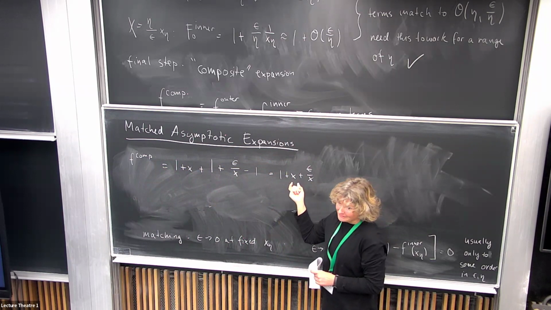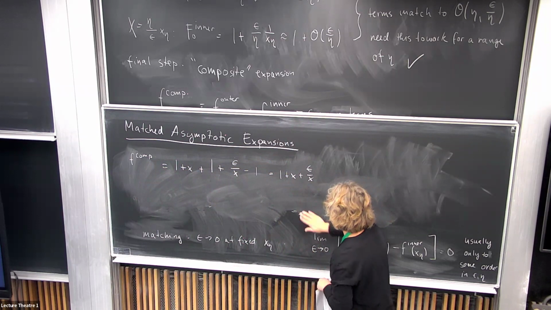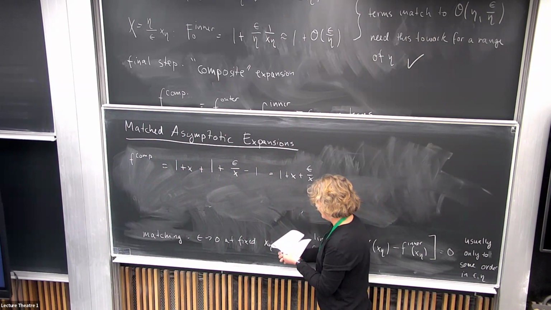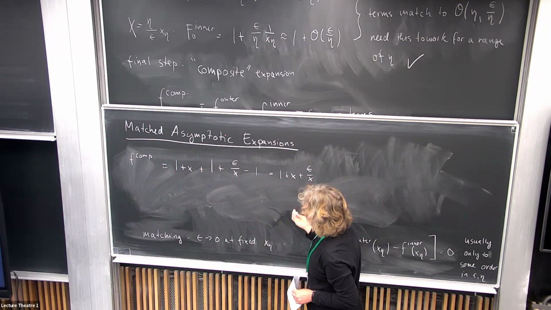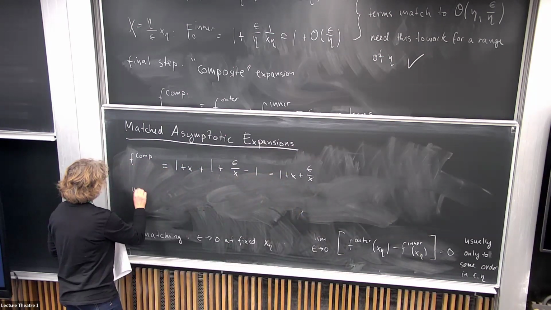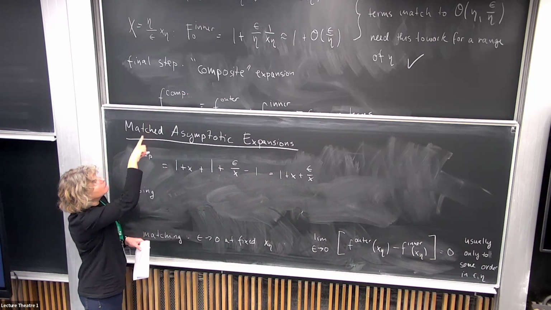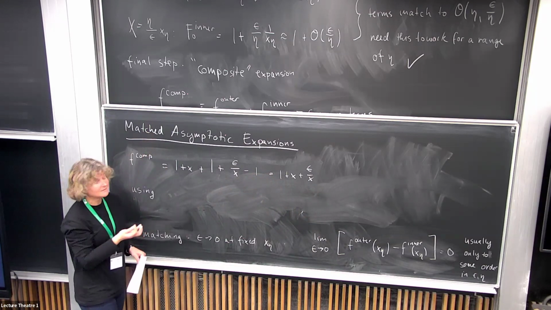So adding this up gives 1 plus x plus epsilon over x, which is exactly the original function, which is also why I mentioned that all the higher order terms vanish. And the remarkable thing that has happened now is that using only approximations, we only used always the F0, which was the order 1 piece.